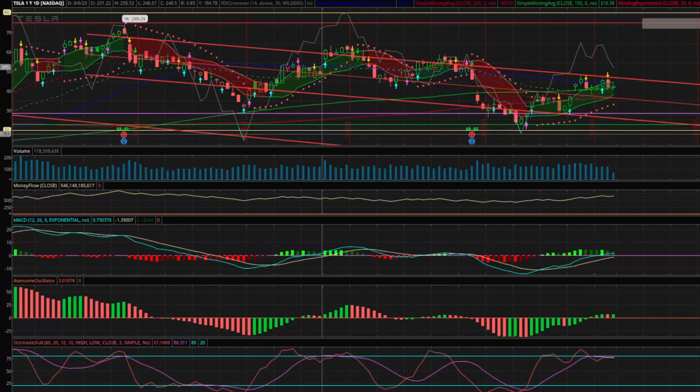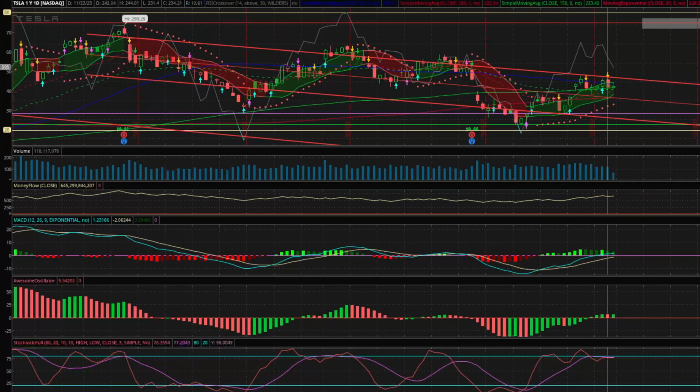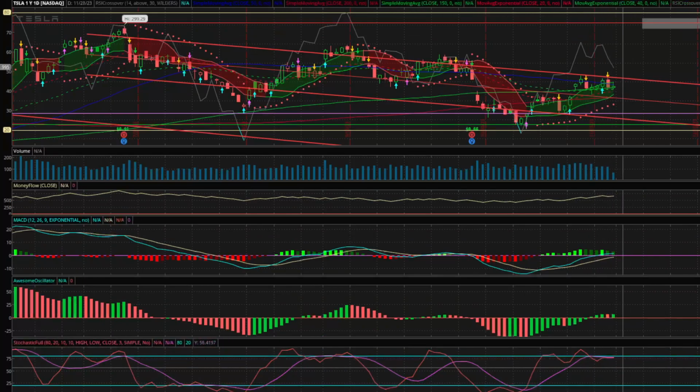Falling triangles usually break to the upside. Now, if that's the case, you will need to have this channel broken to the upside to be able to say that we are now going to this area, $300. It is possible. But in the meantime, again, the stochastics is already at extremes, and it seems like it wants to cross to the downside.